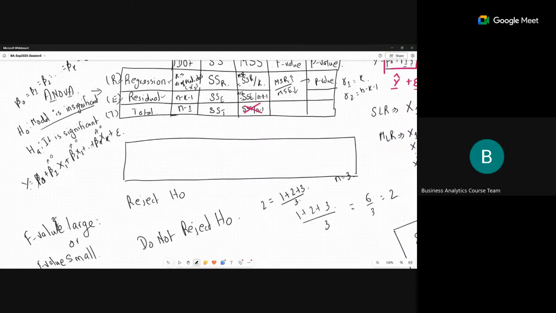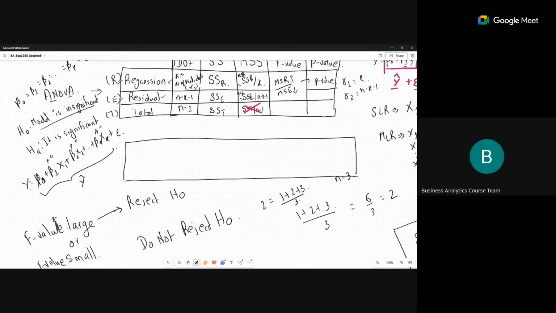So when you get a very large f value, you will tend to reject the null hypothesis. You will get a very large f value only when the betas are significant. They are not zero. They are some number. They are able to capture this predicted value that is able to capture something of y. More the better.